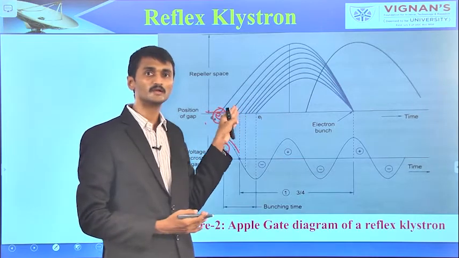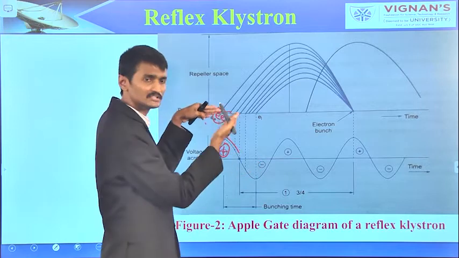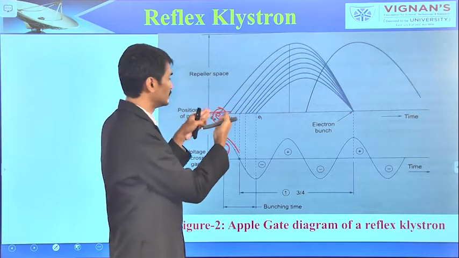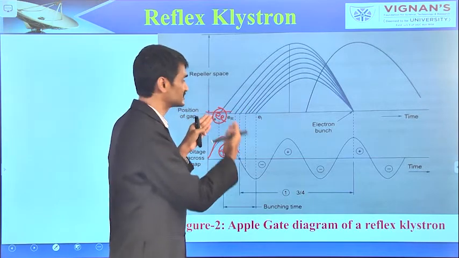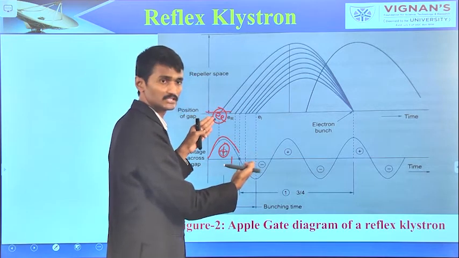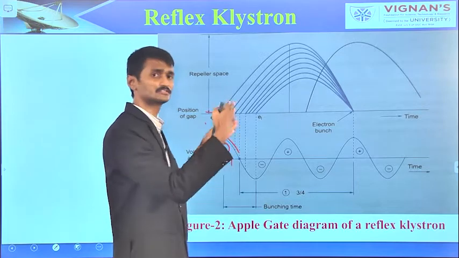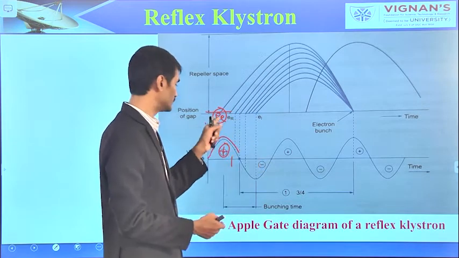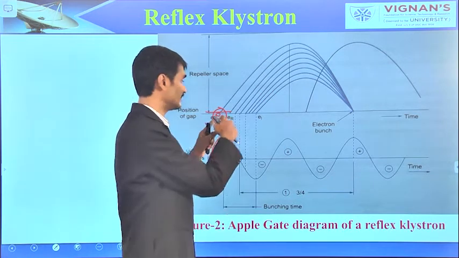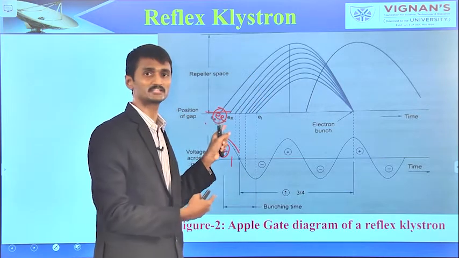Up to the gap, all the electrons are moving with the velocity of V0. With the effect of the gap voltage on these electrons, they may be decelerated or accelerated. The early electron is accelerated, which means its velocity will be increased.